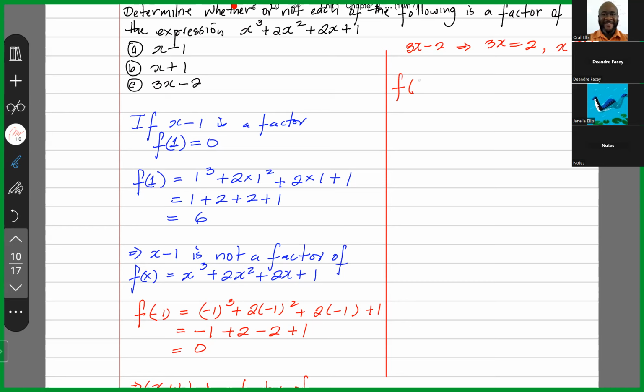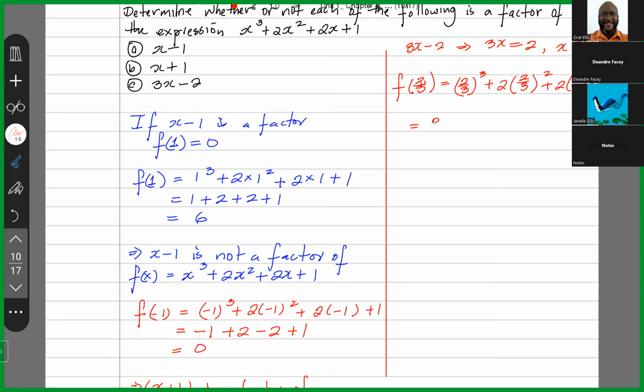Now, if f of 2/3 turns out to be equal to 0, 3x minus 2 would be a factor. All right, so f of 2/3 would be 2/3 cubed plus 2 times 2/3 squared plus 2 times 2/3 plus 1.